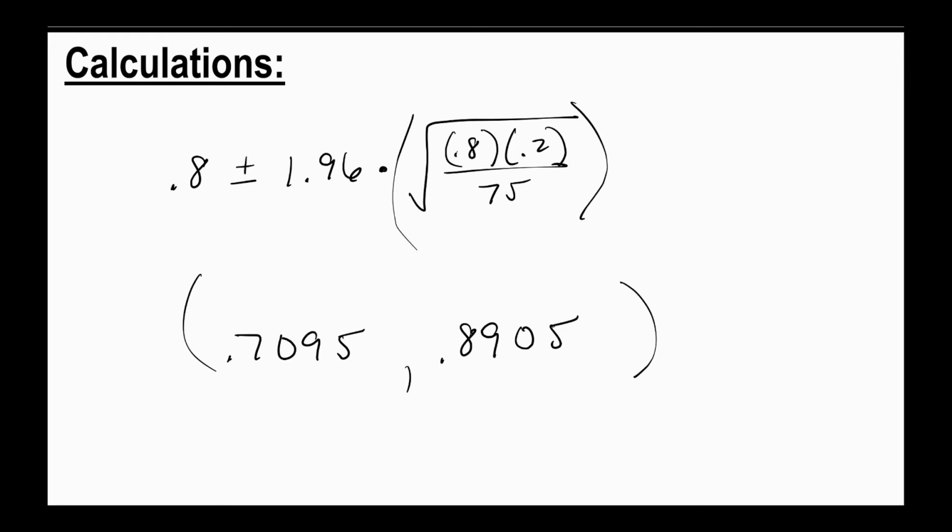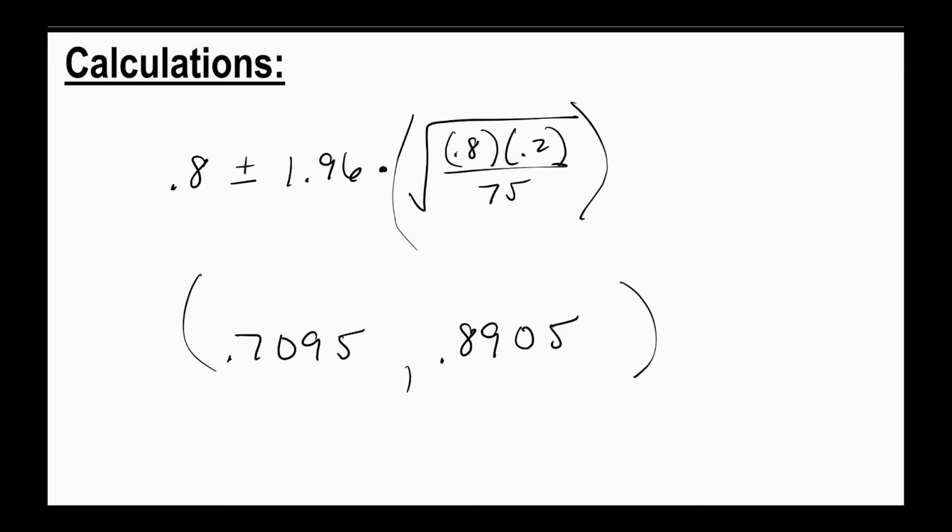Okay, so 1.96. Why did we use 1.96 again? Remind me. Exactly. It's a 95% confidence interval. That's the critical value that goes with that. That's the one we're going to use most often. 95% is usually the one they use a lot. Sometimes they'll use 98, 99, or 90, but most of the time it's a 95. Okay.